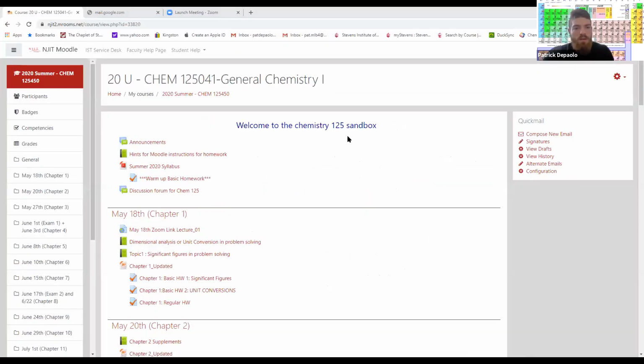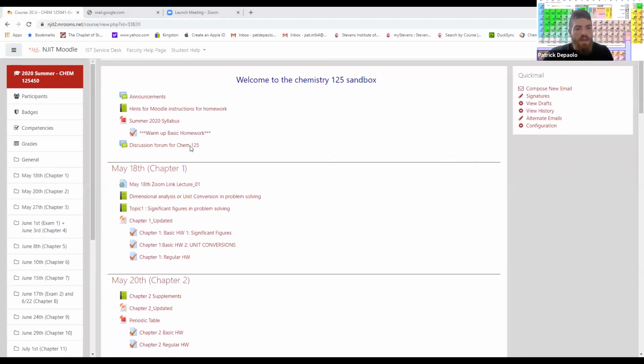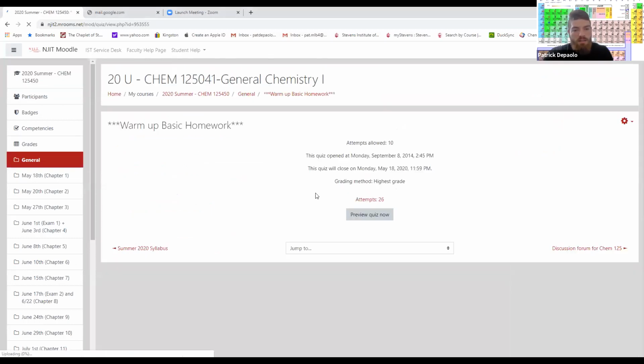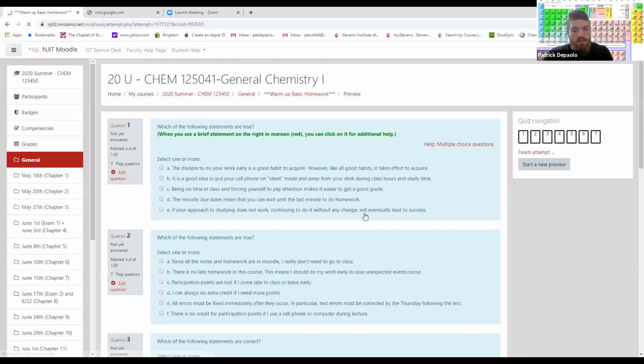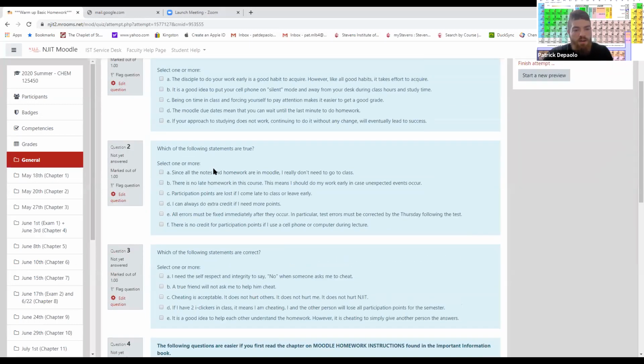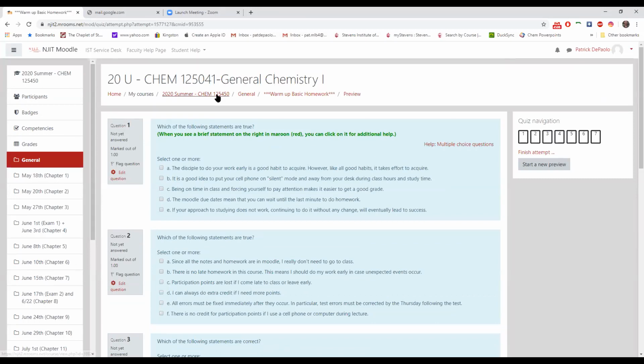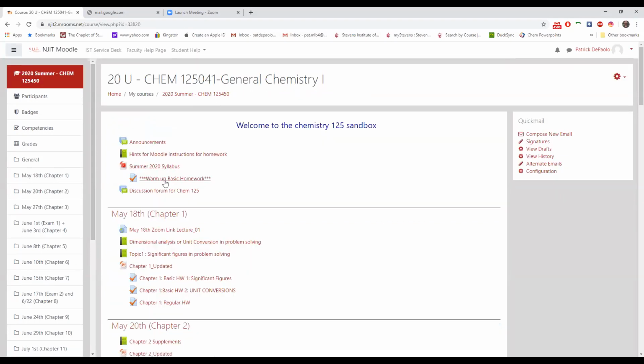So in Moodle, you should see this, and here we go, warm up basic homework. Click on it and you do it. I have a question about the homework. Yeah, what's up? I'm trying to click on the red boxes for extra help on the bottom parts, and it's not opening the window correctly.